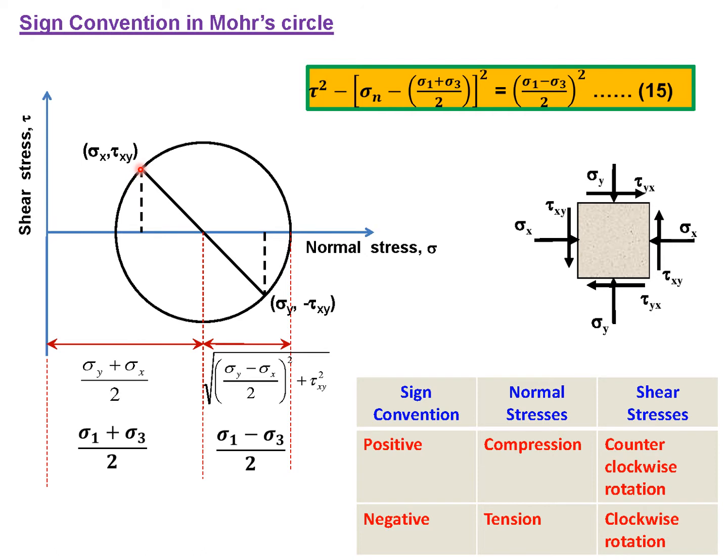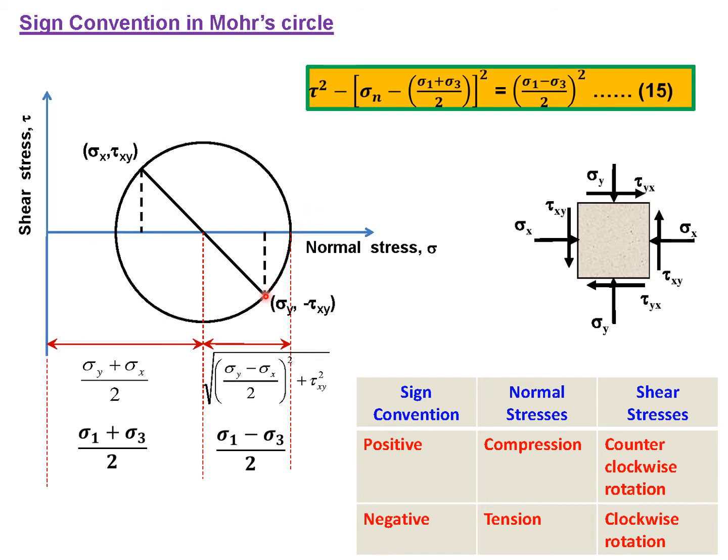Similarly, you can consider this other point, sigma y and tau yx. Sigma y is the compressive stress, again positive.